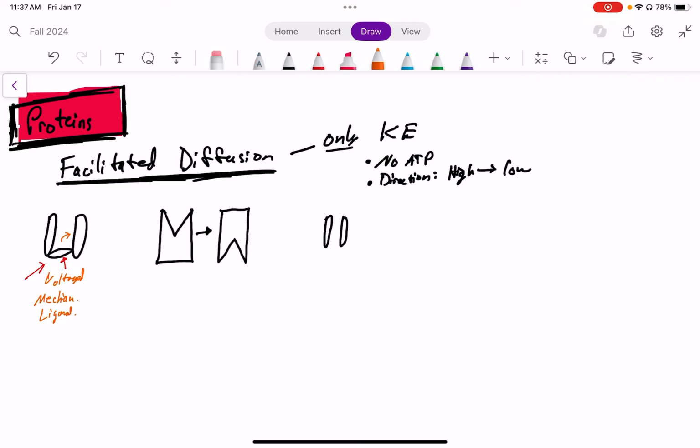The other kind of protein here that we have is just a carrier protein. This is where a solute, a particle, can come in and attach here, and the protein will change shape and let it come out inside the cell or outside the cell, whichever way it's facing.